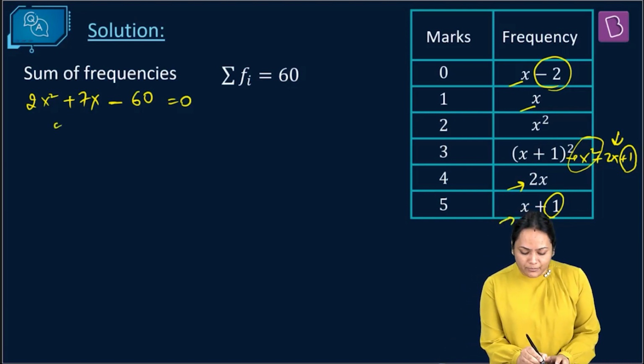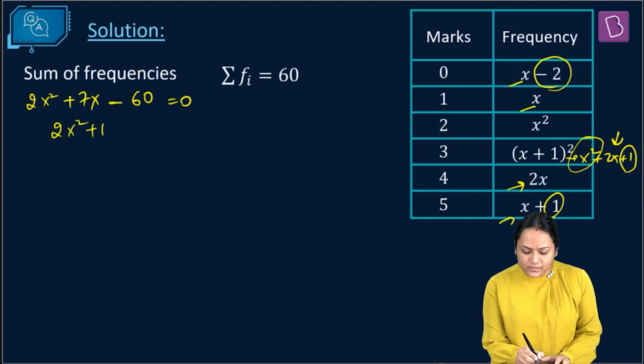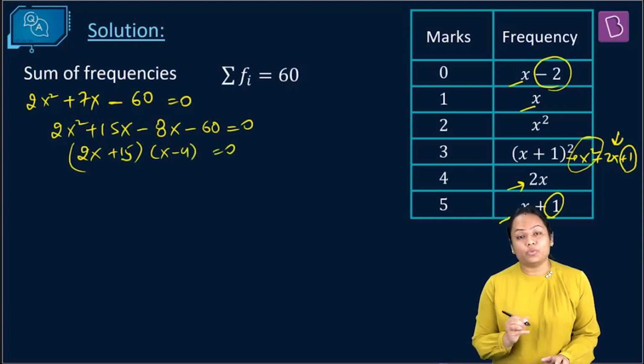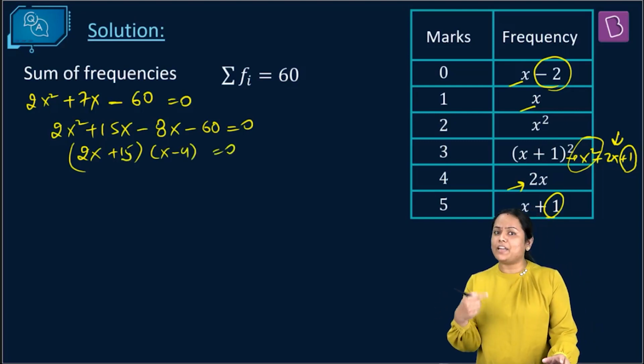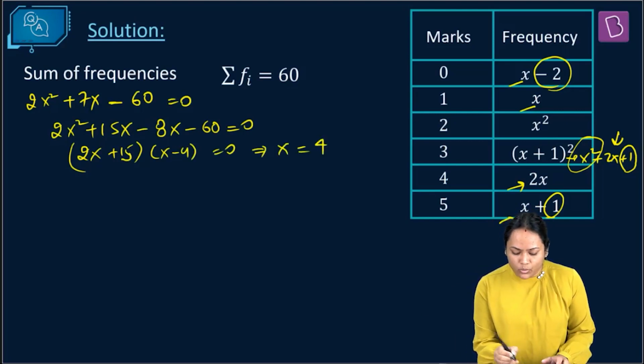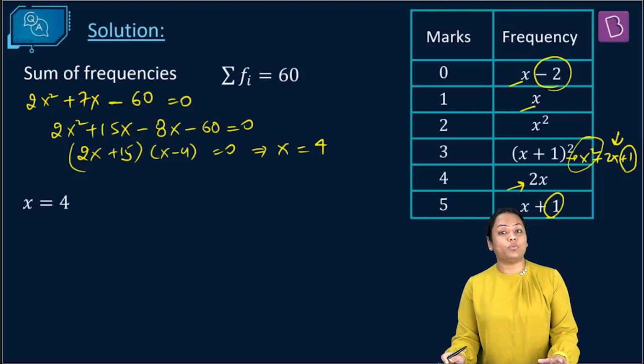So it's going to become 2x squared plus 15x minus 8x minus 60 is equal to 0. Or I can say that factors will be 2x plus 15 multiplied by x minus 4 is equal to 0. Now, since x is definitely a positive value, I can directly say that x has to be equal to 4. So, we have got x is equal to 4.